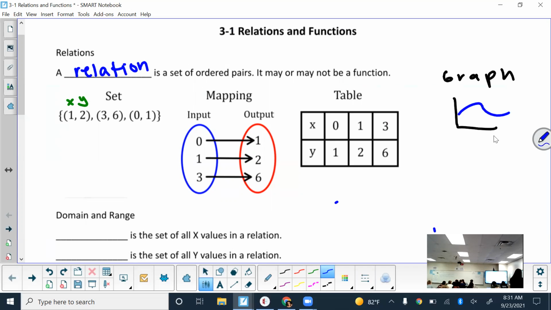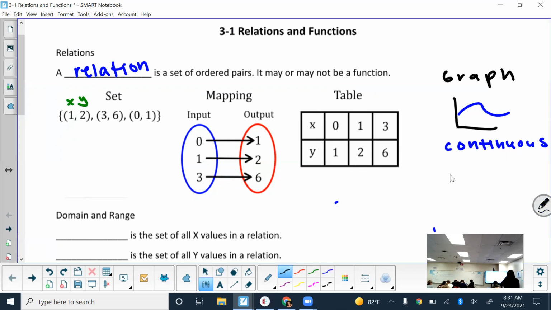But a continuous graph doesn't have any breaks in it, if that makes sense. It continues. That's like filling up a swimming pool, right? I could measure it at any point. I can have fractions of numbers, and that's totally fine.